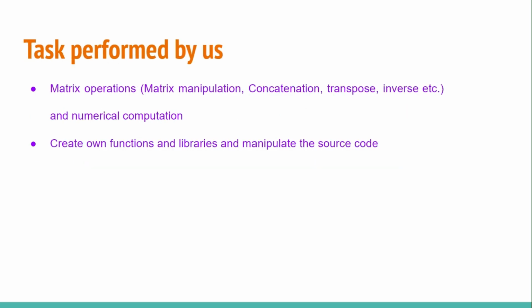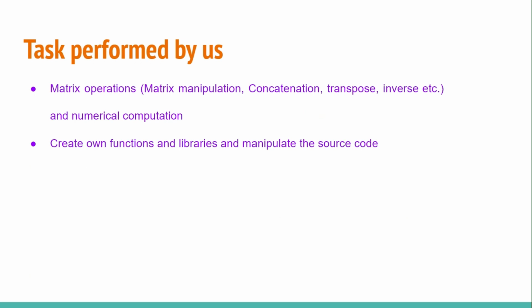What tasks can we perform in Scilab? We can perform any matrix operation in Scilab, such as matrix manipulation, concatenation, transpose of the matrix, and inverse of the matrix. We can perform any numerical computing apart from this.